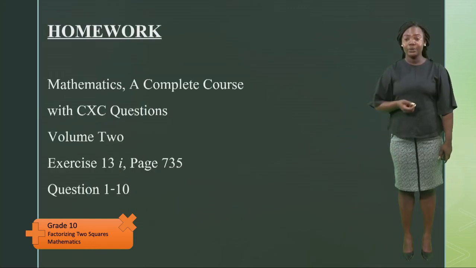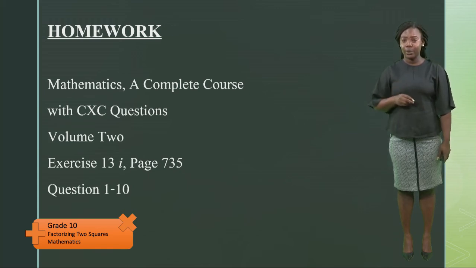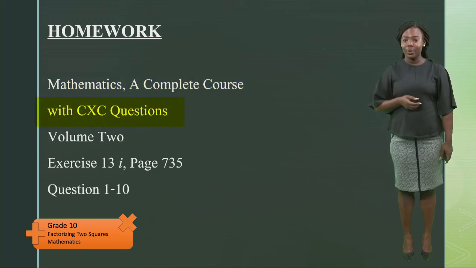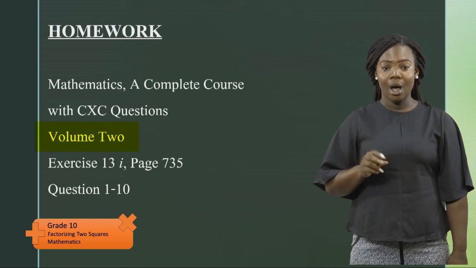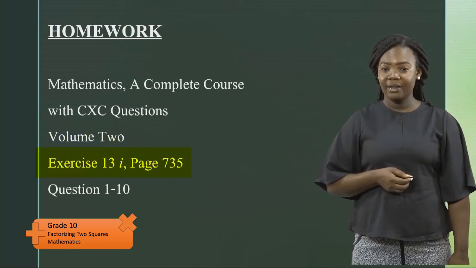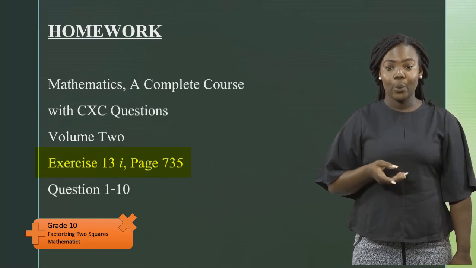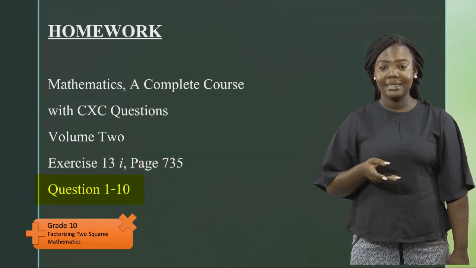So what I would like you to do for me is to practice how to factorize the difference of 2 squared. In order to do that, kindly reference Mathematics, a Complete Course with CXC Questions, Volume 2. On page 735, you will find exercise 13I. Work for me questions 1 to 10.